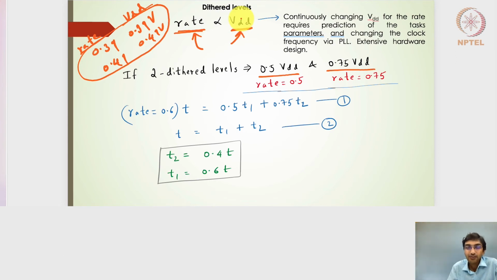So if I have a VDD rail of 0.8, then why not configure the task completion with 0.8 of the rate? If I have a VDD of 0.5, then why not accommodate the rate of 0.5?